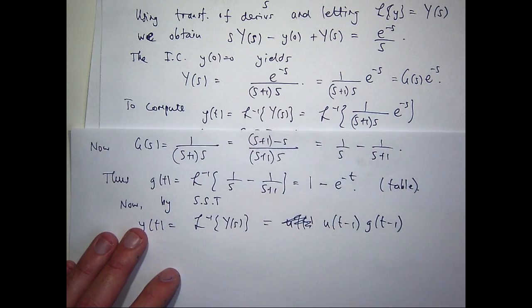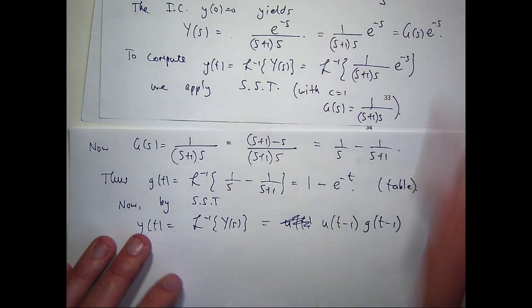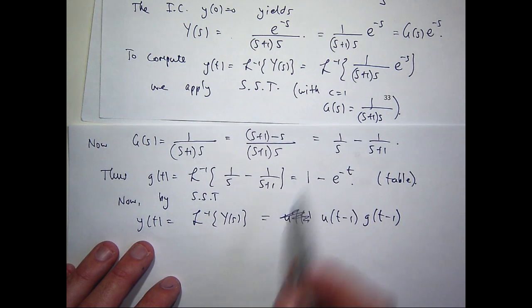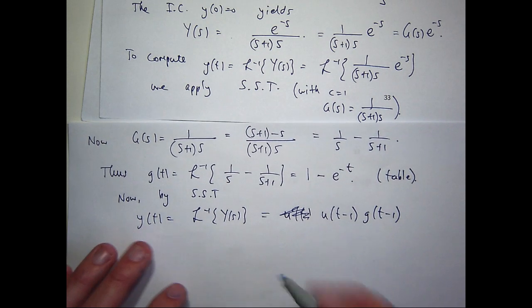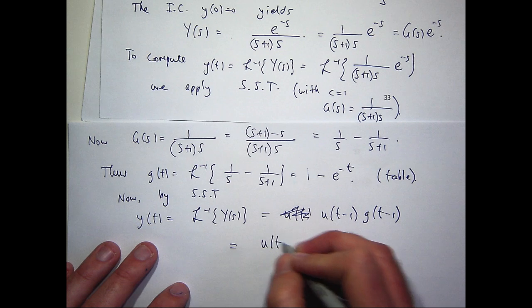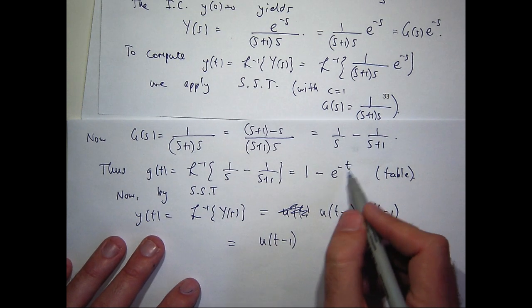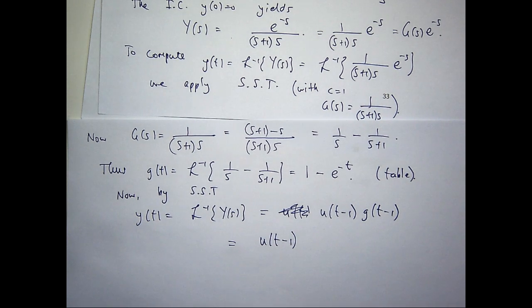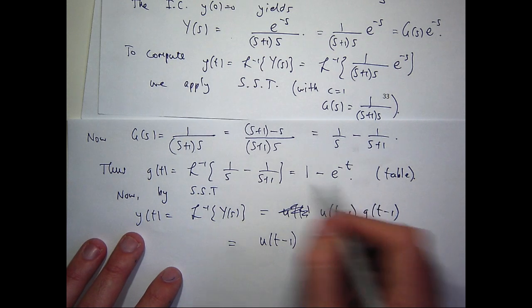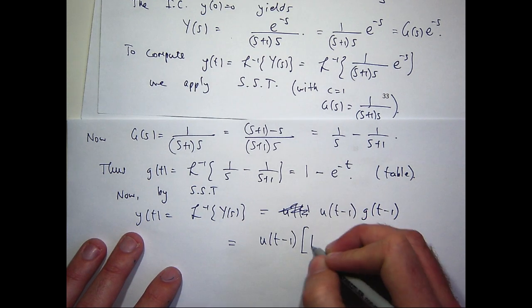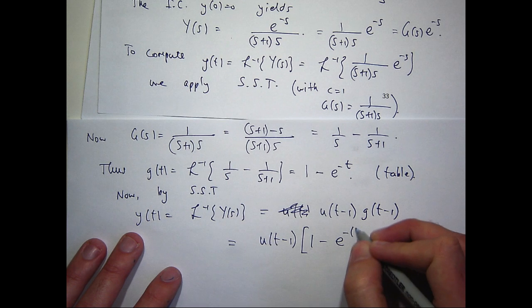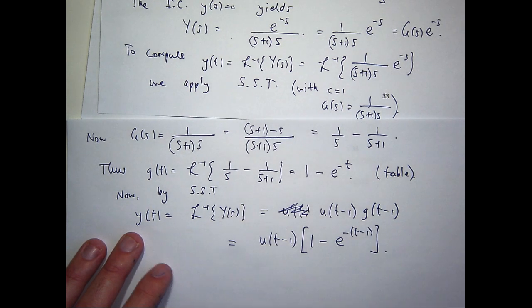It's this product. So I've just calculated little g of t, it's here, so I want to multiply and shift appropriately. So I replace t with t minus 1 in brackets in here.